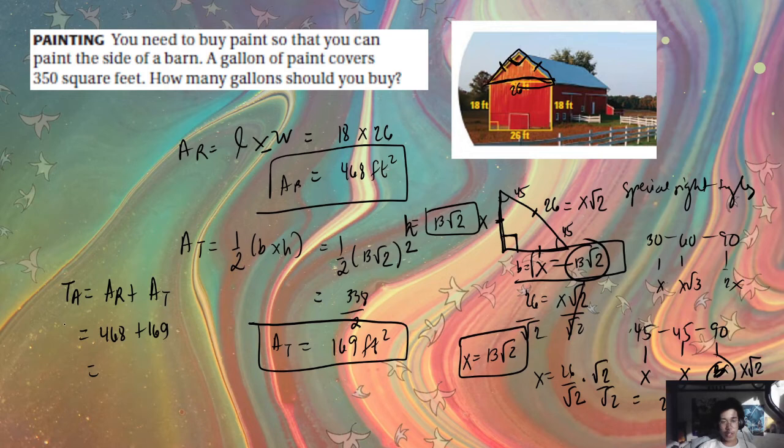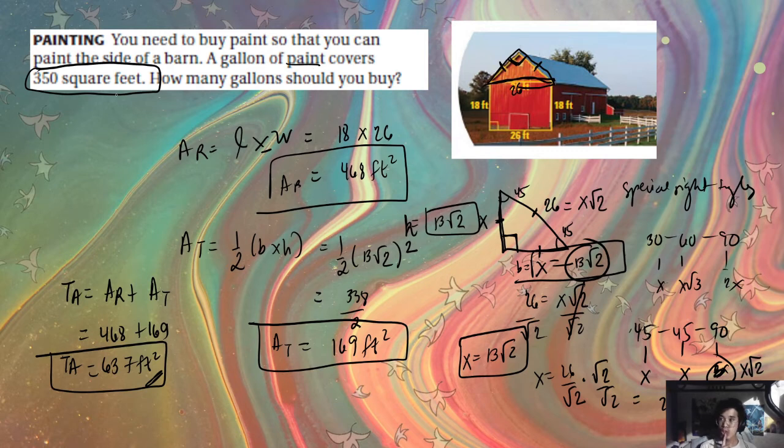So therefore, the total area in square feet of the front part of the barn is 637 square feet. According to this problem, 1 gallon of paint covers 350 square feet.